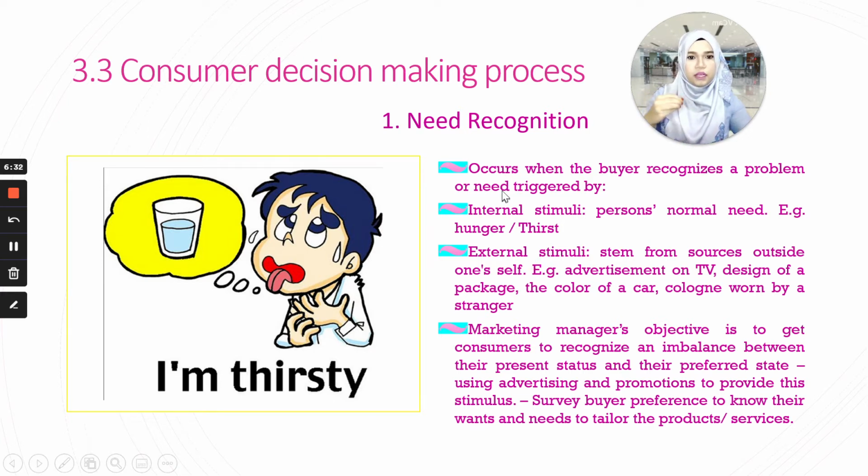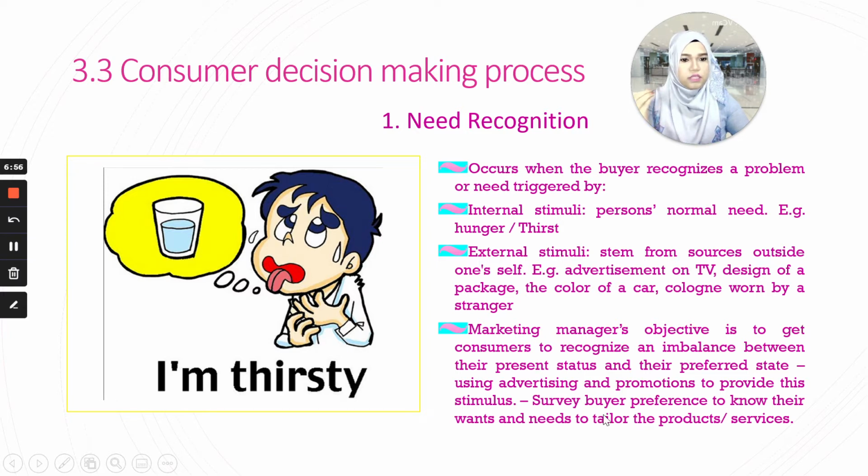Now, from this internal or external stimuli, right, the marketers' or the marketing manager's objective is actually to get consumers to recognize, okay, this imbalance between their present status and their preferred status or state, okay, using some advertising and also promotion to provide the stimulus, especially the external stimulus. All right.